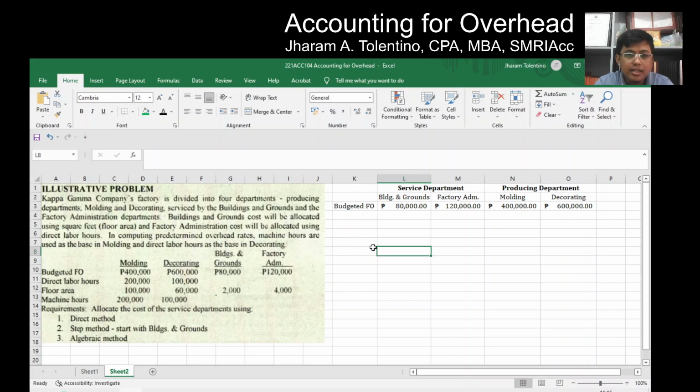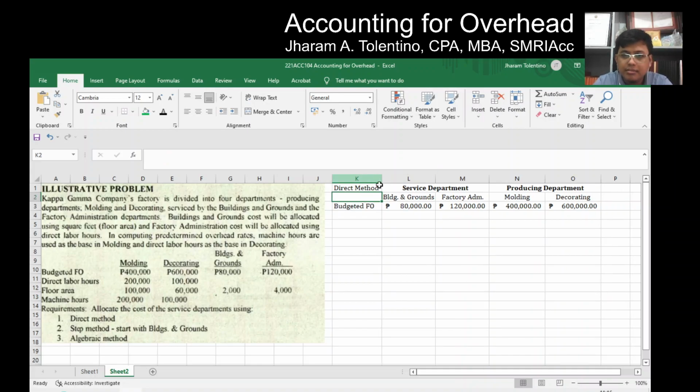So, allocate natin daw siya using direct method, step, and then algebraic method. Okay. So, let's start with direct method. So, direct method muna tayo. Sabi niya, allocate lang natin kung magkano. So, first one to be allocated, allocate natin si building and grounds.